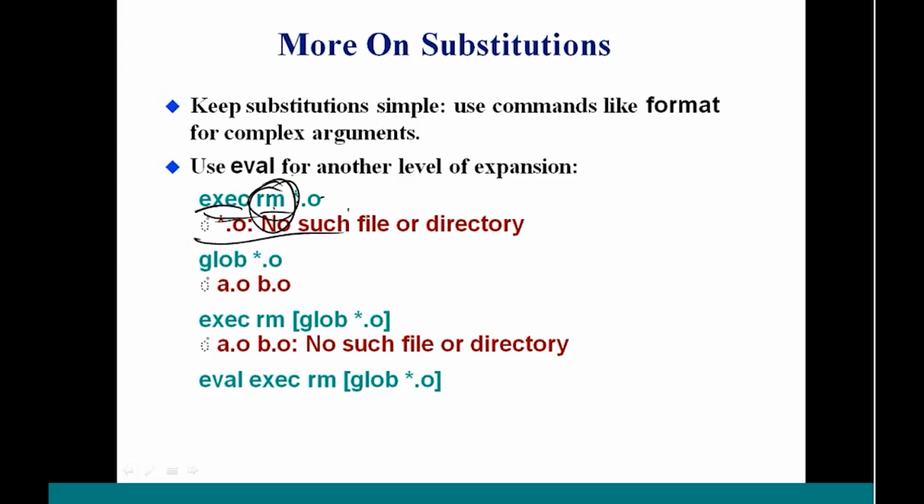And then if we say glob star dot o, that gives the two files which are in the directory, which is a dot o and b dot o. Now if you say exec rm and then execute this command also using the command substitution square brackets, it comes up with no such file or directory, because it's treated as just one full word.